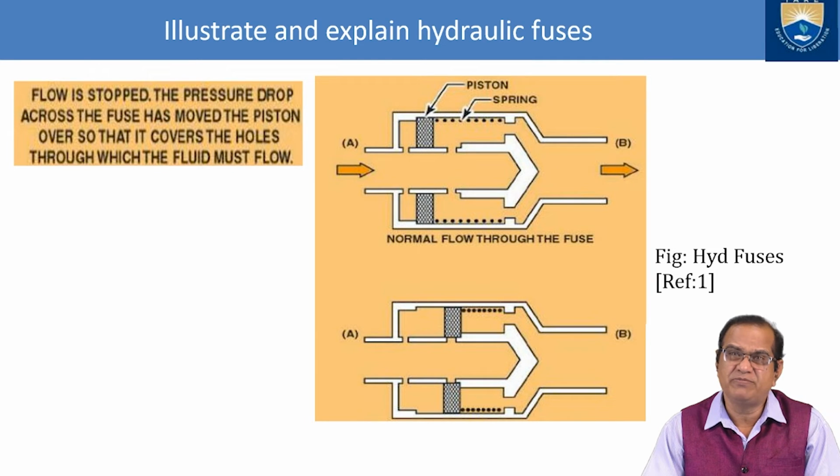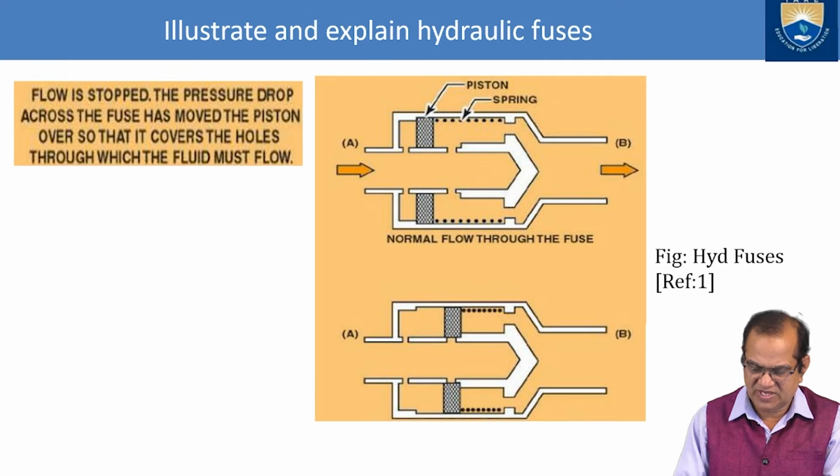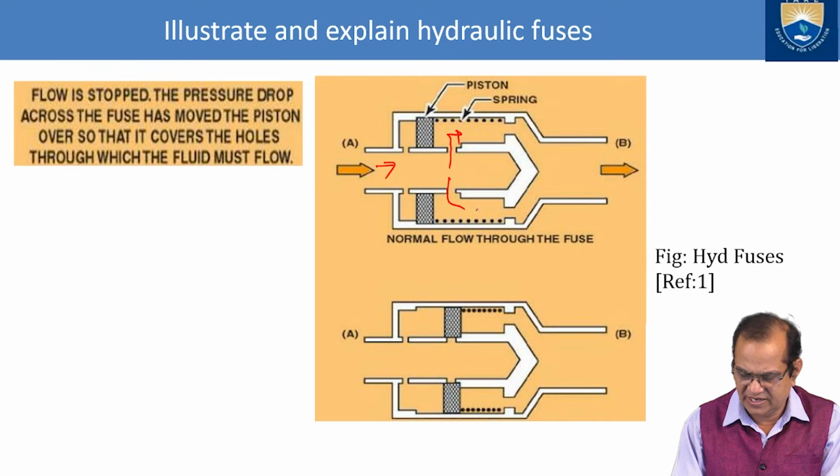Flow is stopped when the pressure drop across the fuse has moved the piston over so that it covers the holes through which the fluid must flow. In the normal case, flow is coming from here, entering here, and passing from here.